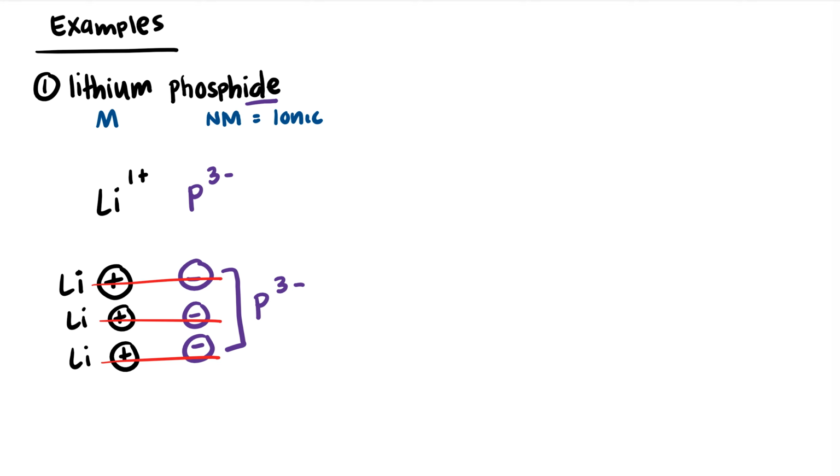I'm going to count how many lithiums I ended up using in order to get this cancellation. I used 1, 2, 3 lithiums. So the subscript of lithium is a 3, and I used just 1 phosphide, so its subscript is 1. In our final answer, we typically do not write a 1.